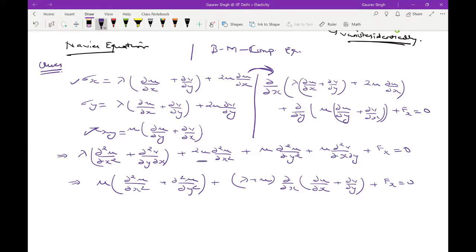So basically this has been split up into two separate terms, and similarly you will have the other Navier's equation. So I'll just write both of them: mu into Laplacian u plus lambda plus mu dou by dou x.